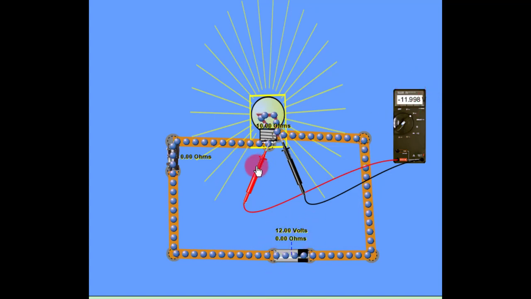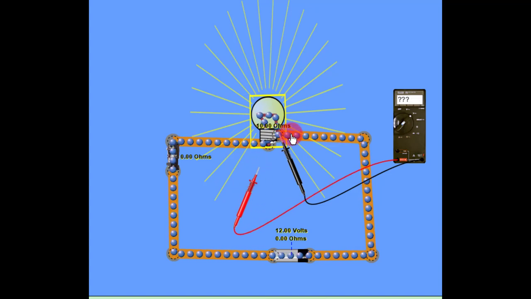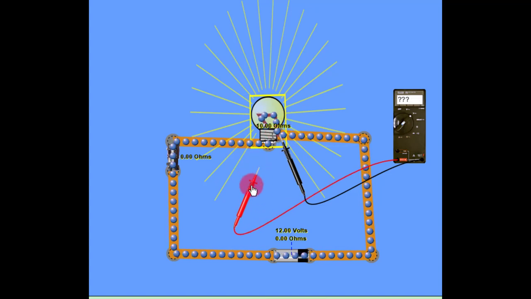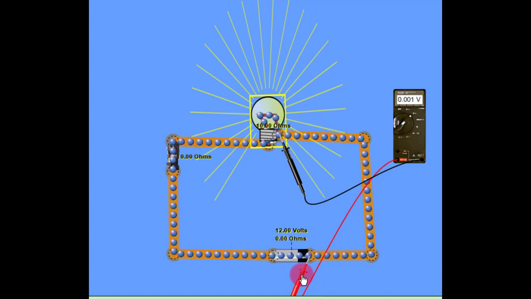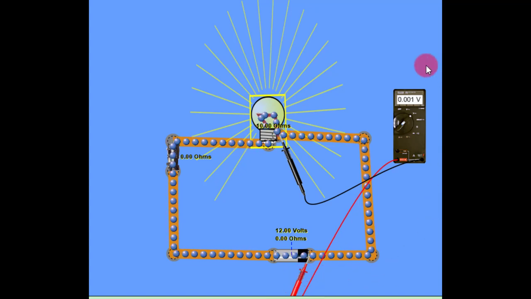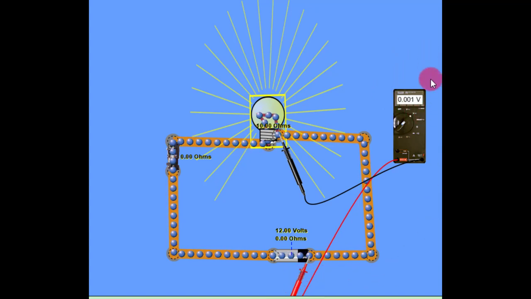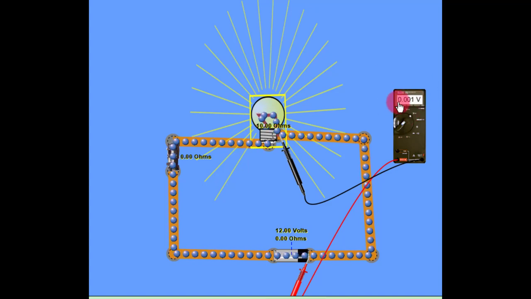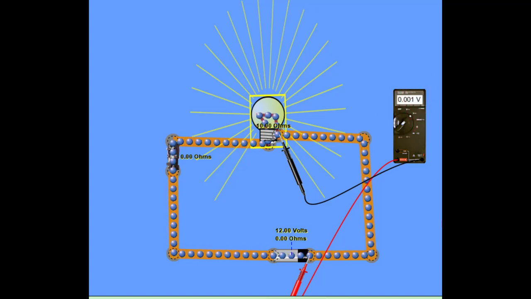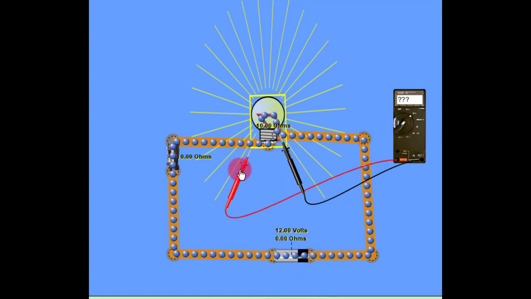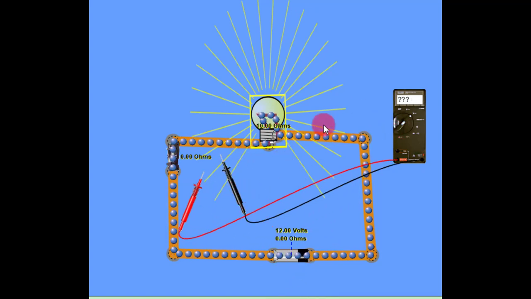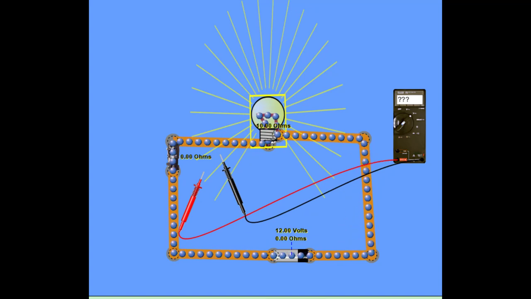And if I take one of my leads, doesn't matter which one, I'll put one lead on the ground side of the bulb, and I'll put my other lead at the negative side of the battery, you will see that that number is virtually 0 or extremely low, which is what we want. That's a good functioning circuit. So once again, we can put our leads in any point on this circuit, and that will display voltage drop.